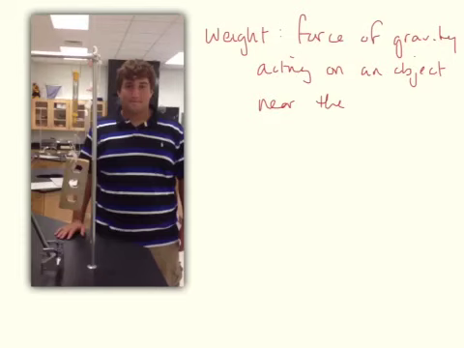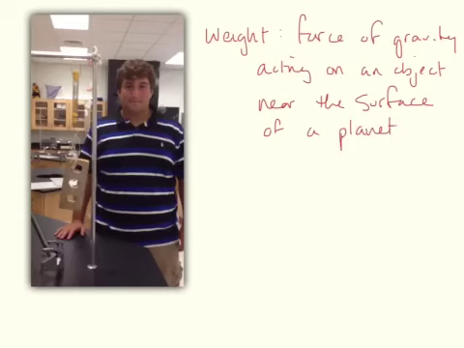All right, so what we talked about there is we have that brick suspended by a string, which is attached to a spring scale, and there are two forces acting on that brick. The first one is weight, and weight is the force of gravity acting on an object near the surface of a planet.